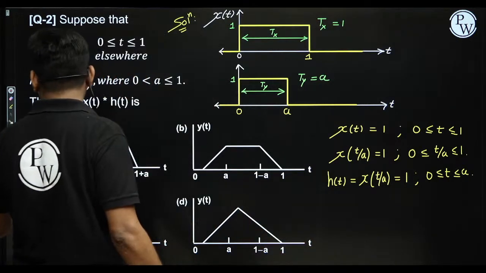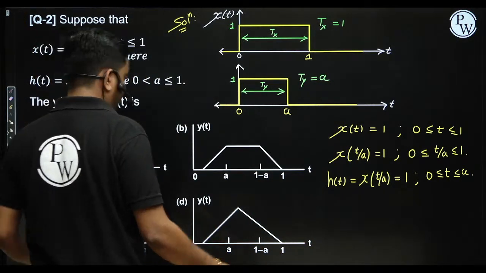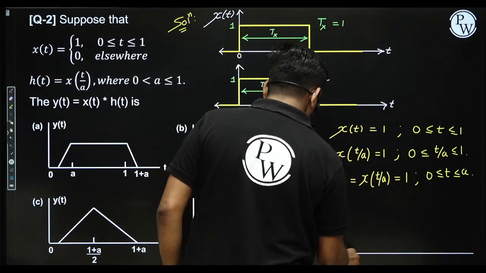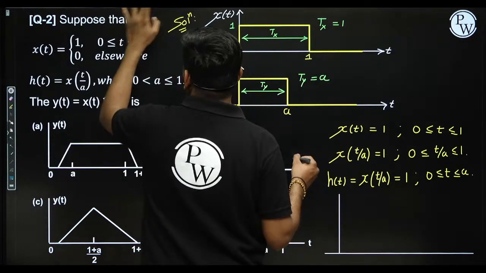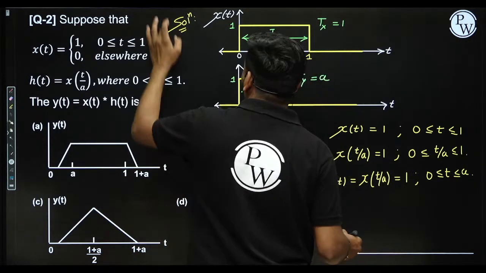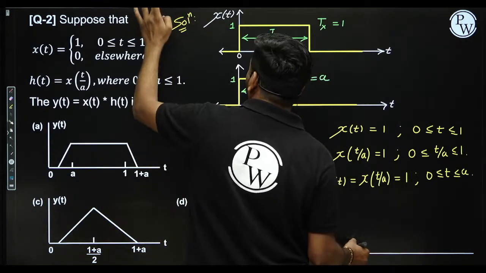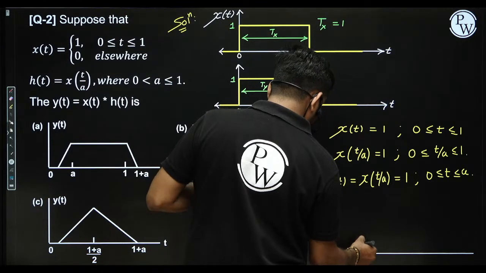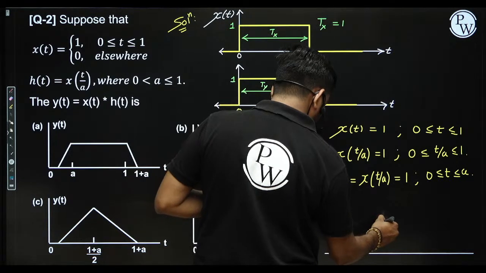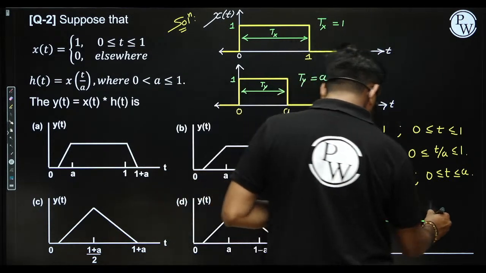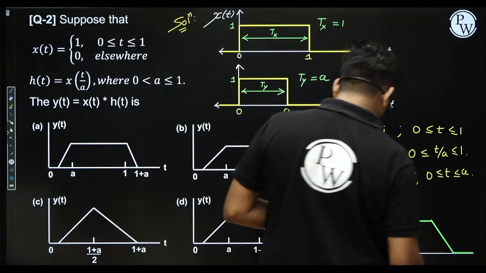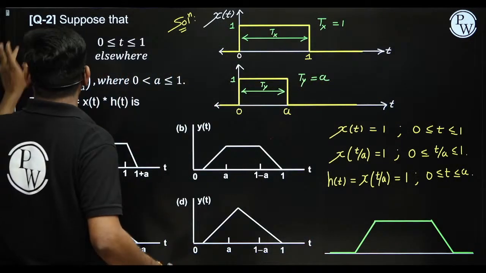So here I am drawing the resultant signal, trapezoidal function. The resultant signal will be trapezoidal. What about the lower limit?